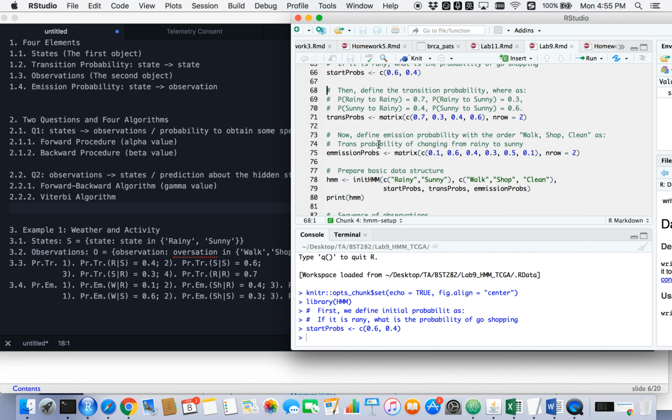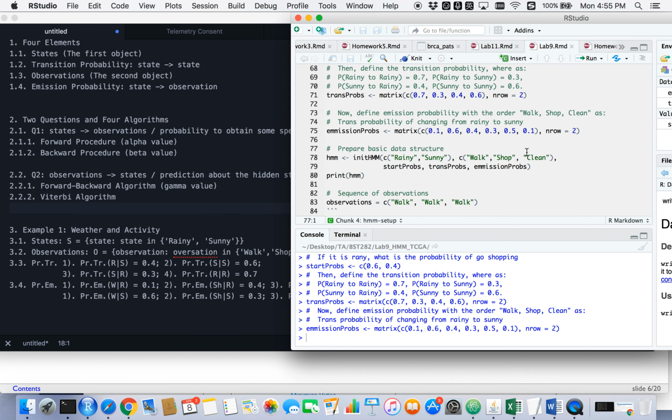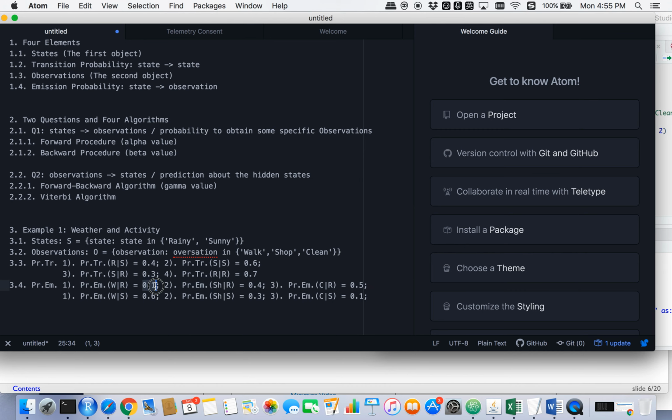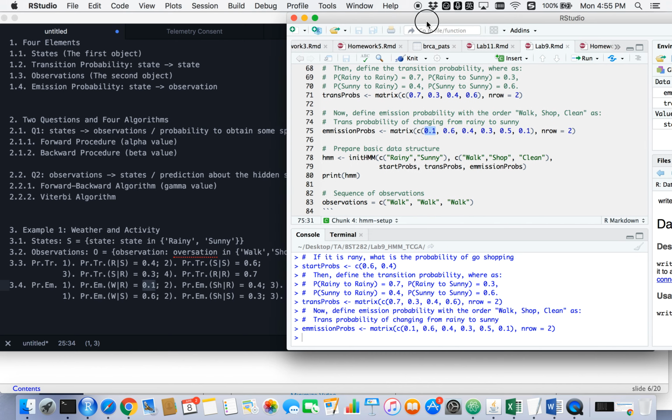And then we can define the transition probability, the third element here. It's a 2 by 2 table. And then we define the emission probability, a 2 by 3 table. It's the first element listed here. You can match each number here, from 0.1 to 0.1, so you can compare them one by one.